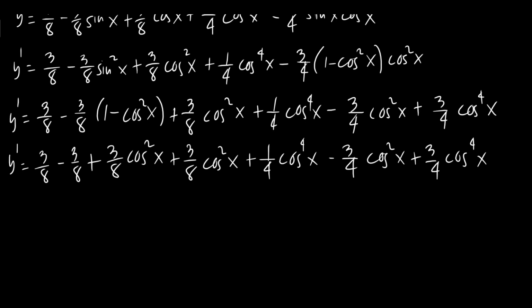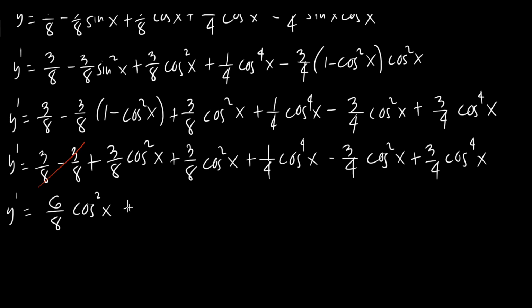Combine similar terms for this one. So y prime, we'll just cancel this one, cancel this one. We'll combine this one, 3/8, we'll just add. So 6/8 cosine squared x. For this one, 1/4 plus 3/4 cosine of 4x.